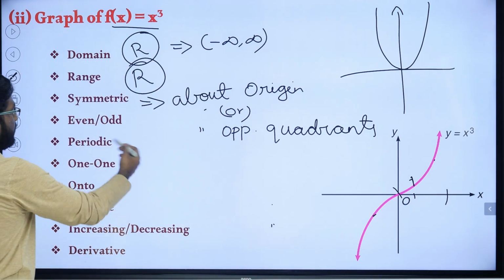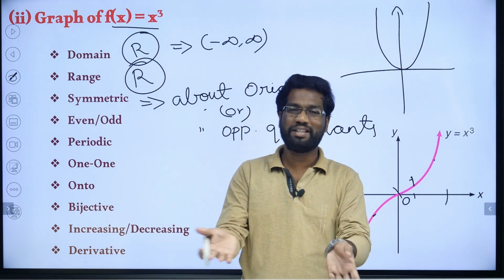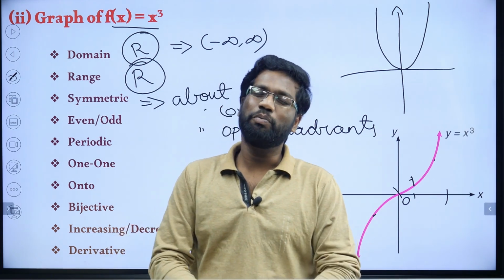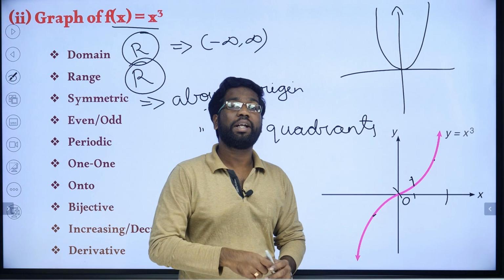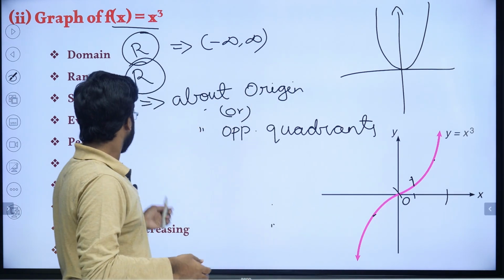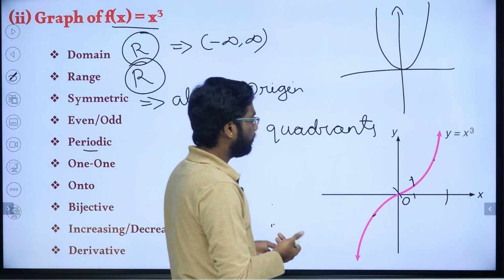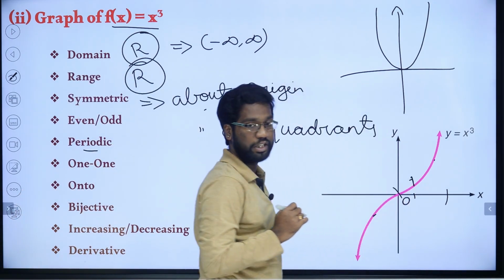And then, my dear students, periodic function. In the last lecture also I said periodic is the basic thing. In polynomials, in most cases it won't come. Only in piecewise and trigonometric functions it used to come, my dear students. The periodic function definition, I hope you all know. Here my value starts from 0.